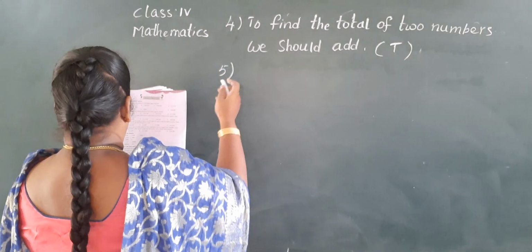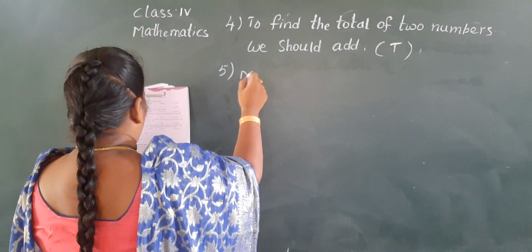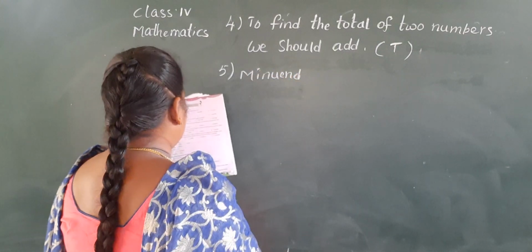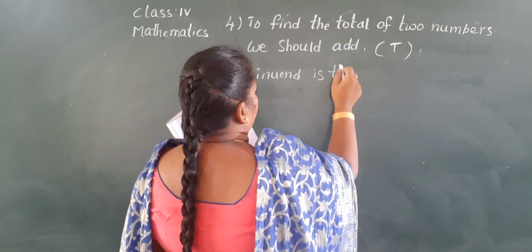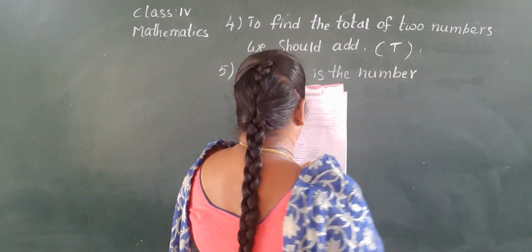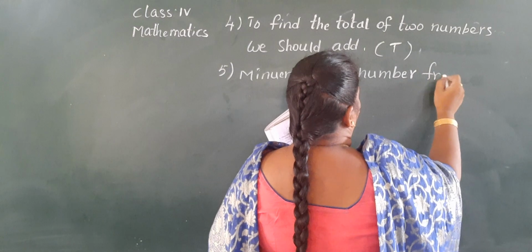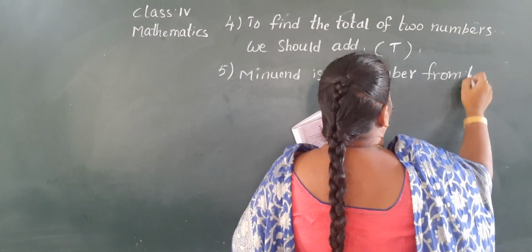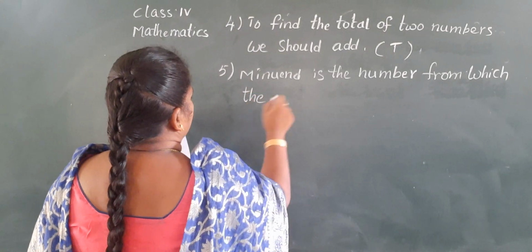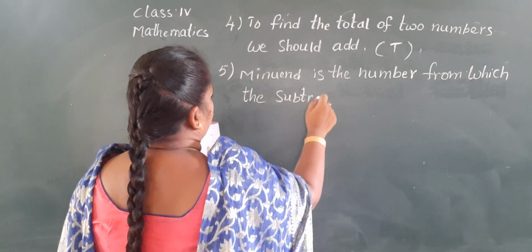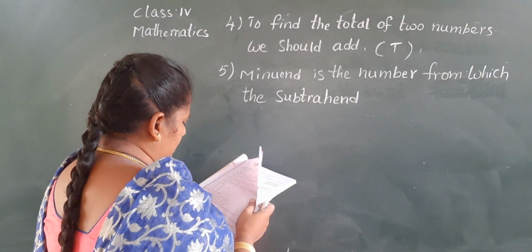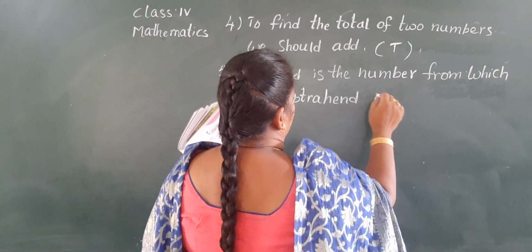Next, fifth one. Minuend is the number from which the subtrahend is to be subtracted.